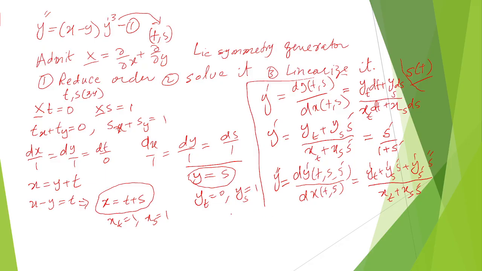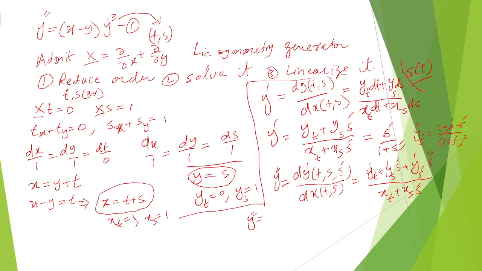So let's do the calculation. y double dash is equal to 0, 0, and differentiating y dash with respect to s dash, where y dash is s dash over 1 plus s dash: 1 plus s dash times the derivative of s dash, which is 1, minus s dash times the derivative of the denominator, which is 1, because the derivative of 1 is 0 and of s dash is 1, so that is s dash squared.